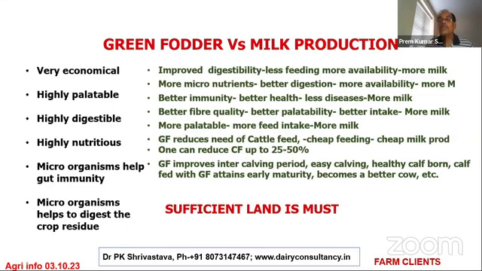So less feeding means more availability, which means more milk. More micronutrients, better digestion, more availability, and more milk. Better immunity, better health, fewer diseases, and more milk. Better fiber quality, better palatability, better intake, and more milk. Everything helps to improve the milk.